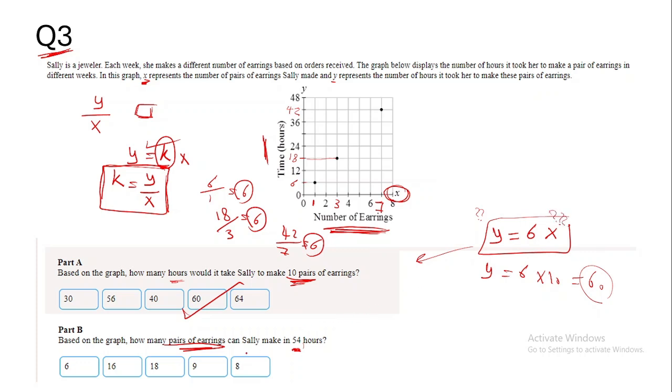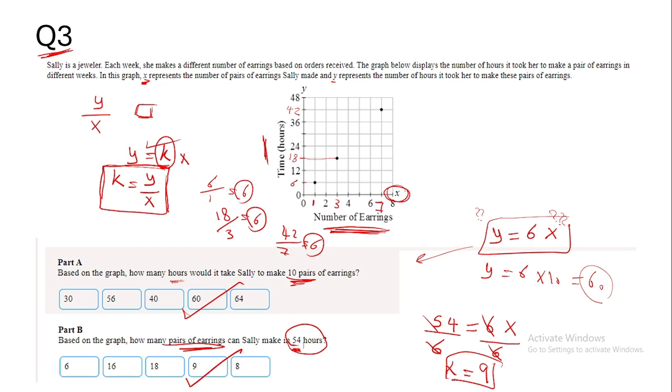And he said, can Sally make in 54 hours? So that means 54 equals 6x. So to get x here, I have to divide this side by 6, and the same on the other side, 6 by 6. So x equals 9. So the value is 9.